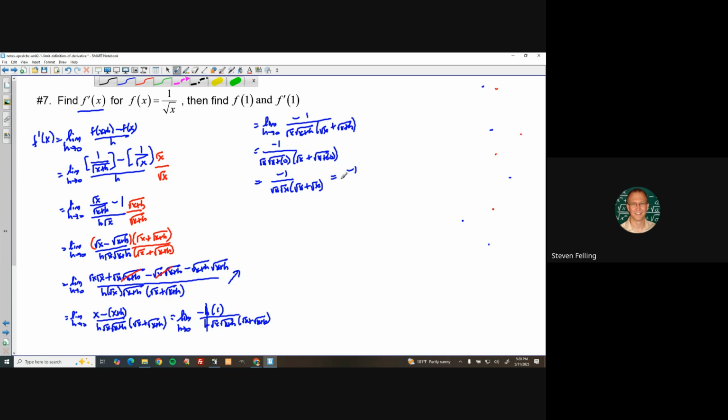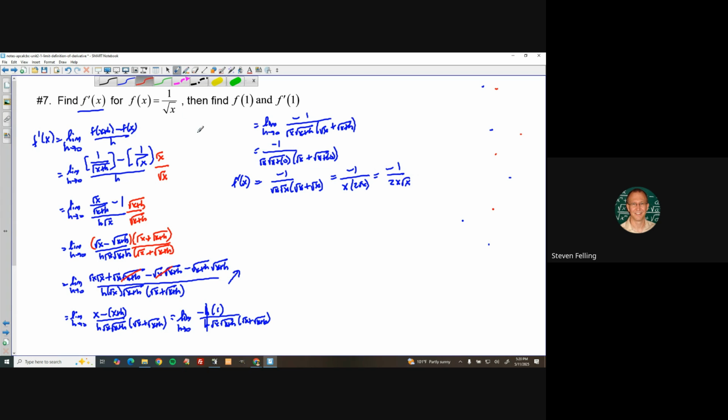Square root of x times square root of x is x, and in here this is going to be 2 square root of x's. So it looks like the result is negative 1 over 2 times x times the square root of x, if I did that right. Yes, okay. So that's the general expression for f prime of x.